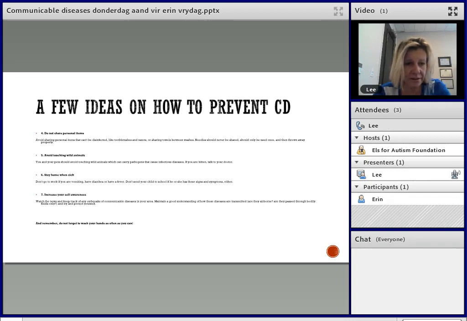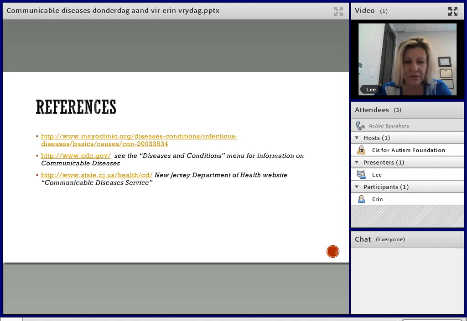Increase your self-awareness: watch the news and keep track of any outbreaks of communicable diseases in your area, and maintain a good understanding of how these diseases are transmitted. Are they airborne? Are they passed through bodily fluids? And then try to protect yourself. And please remember, do not forget to wash your hands as often as you can.